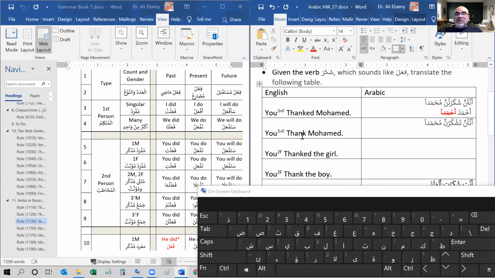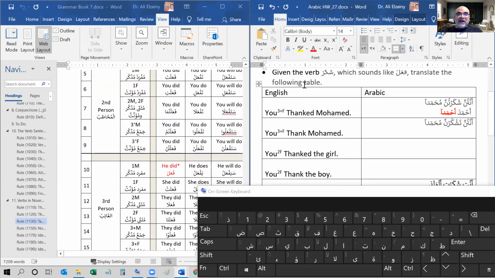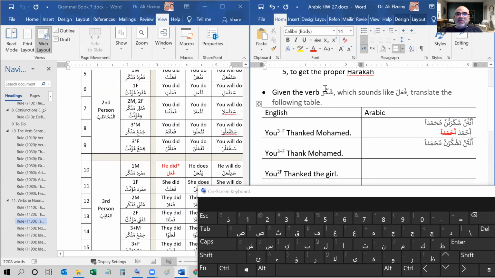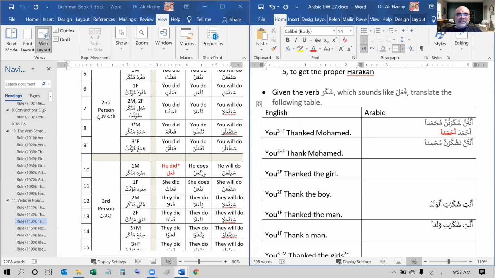Okay, so thank, we go to the table. I've given you shakara, which is the root. And shakara is fa'ala here. Here, shakara is fa'ala. That's this one here.